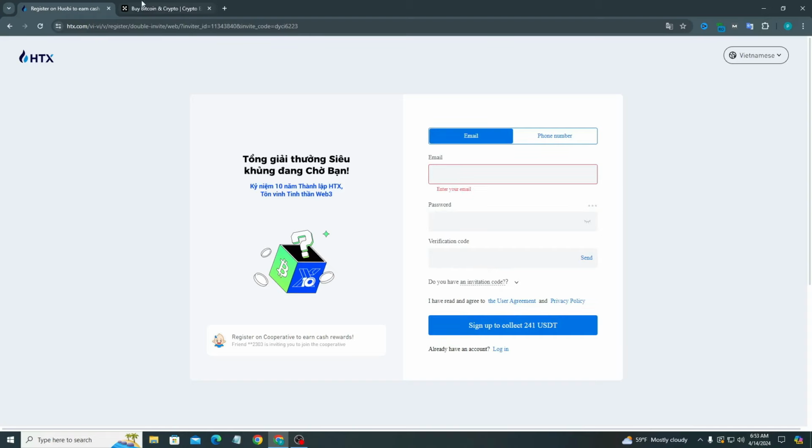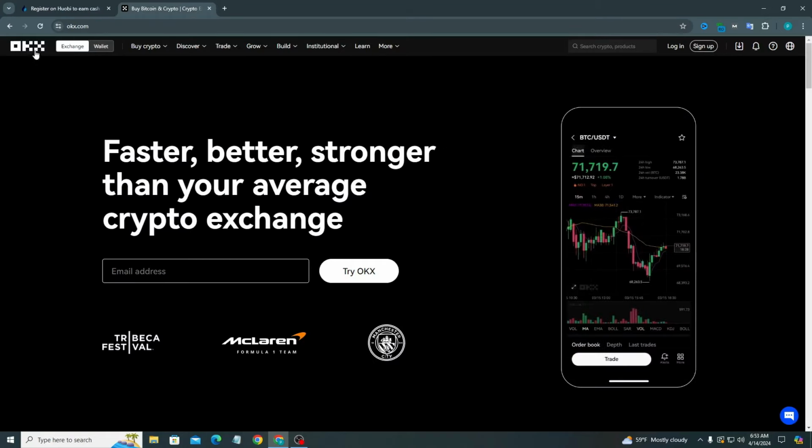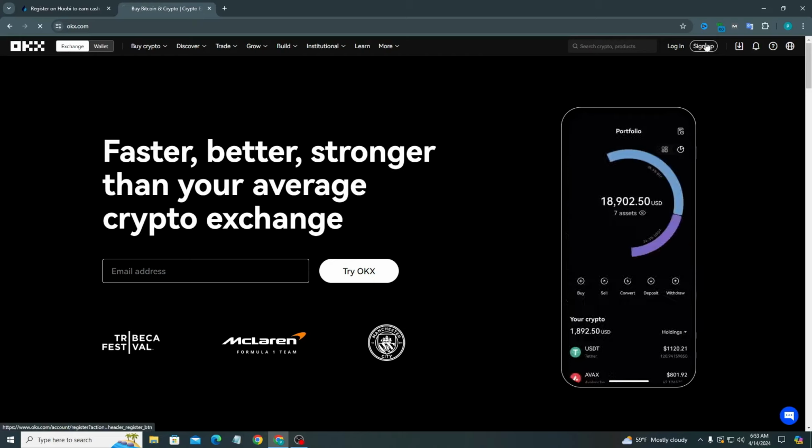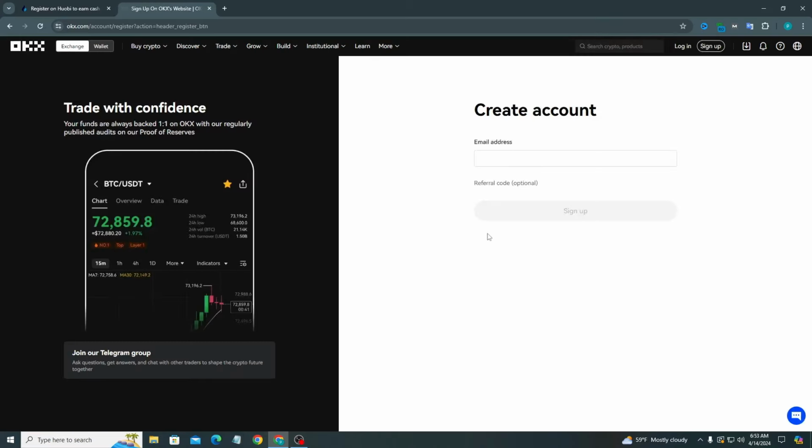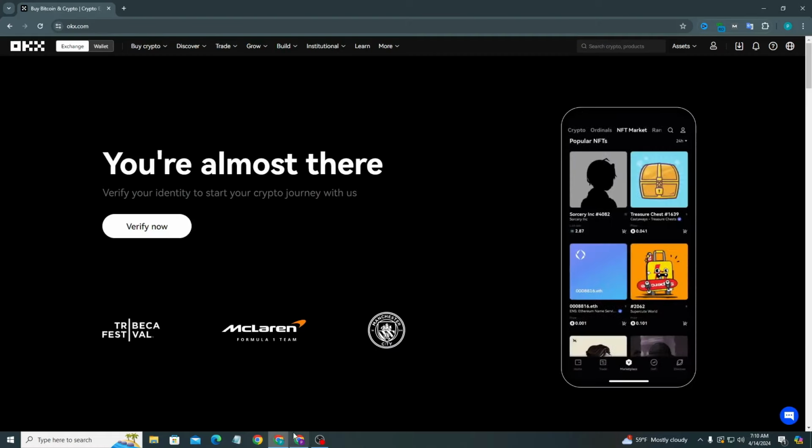Before, you had to create an account before proceeding to the home page, and only then could you see this kind of interface.